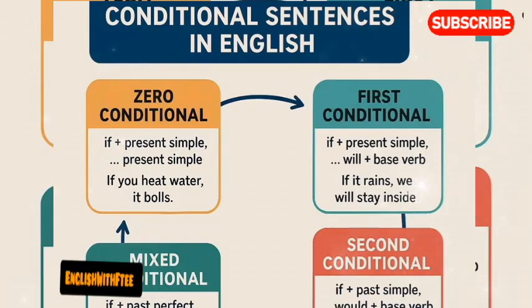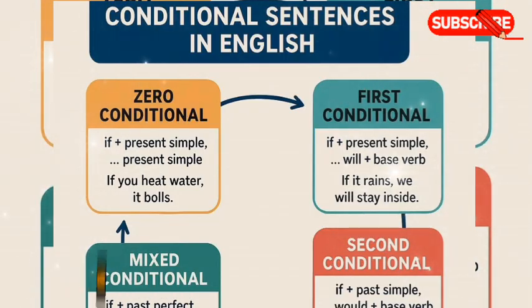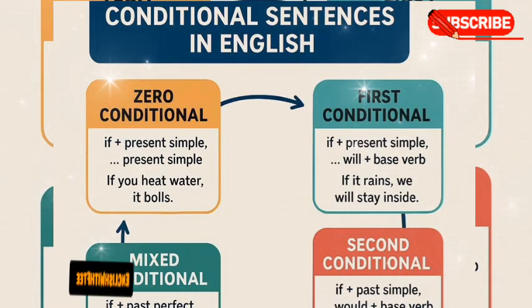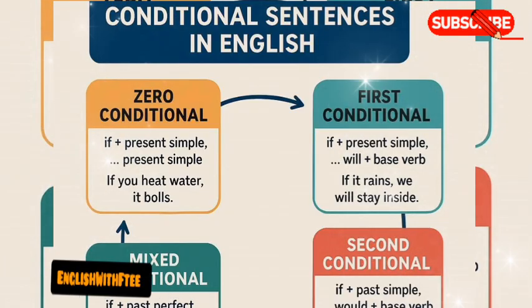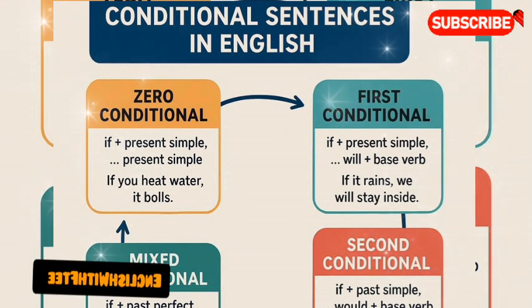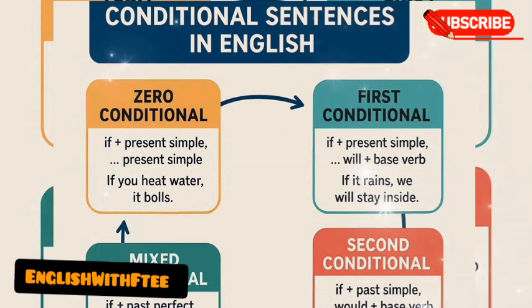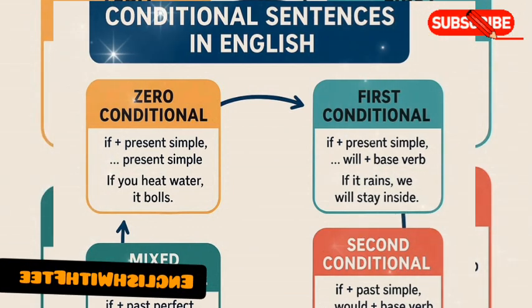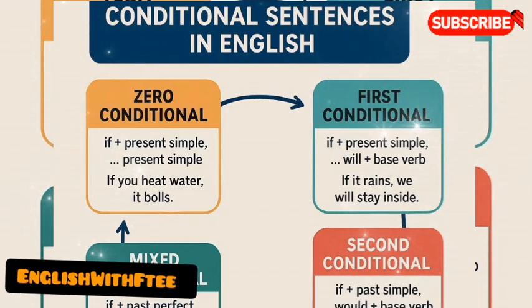We have just talked about the 5 types of conditional sentences that most English speakers get wrong. But here's the thing, knowledge alone isn't enough. You need to put these patterns into practice. Here is exactly what to do next.